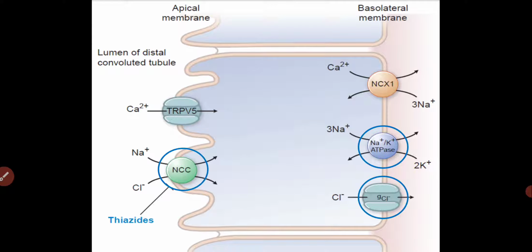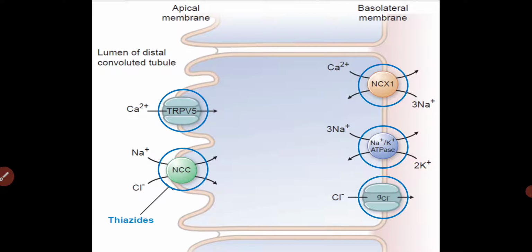Also there is a chloride channel which takes the chloride from these cells into our body. Also there is a calcium channel at the lumen side in the distal convoluted tubules. It takes the calcium from the tubules, and it is exchanged by this sodium-calcium exchanger, so it takes the calcium inside also.